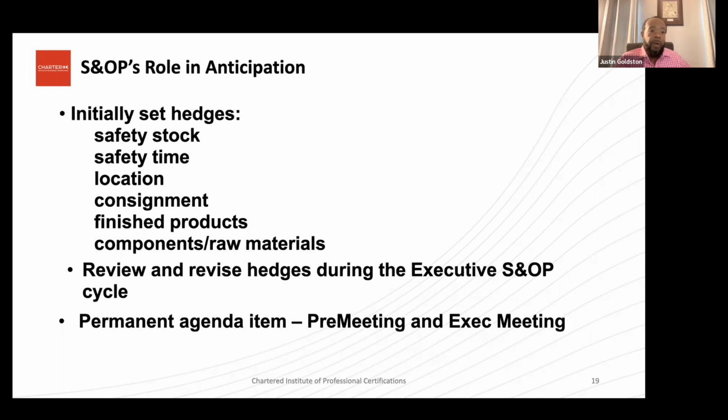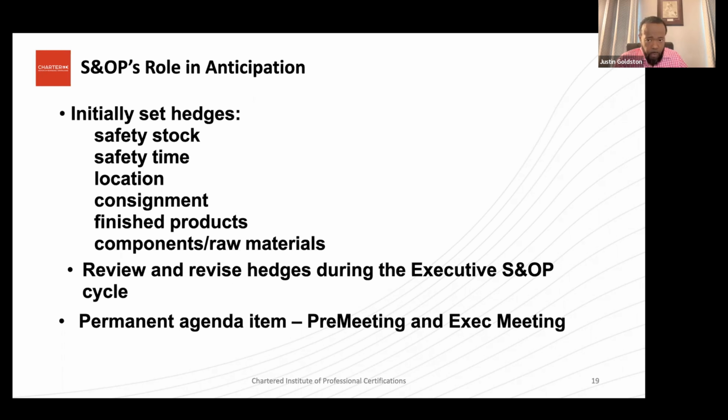So also location may be a little more difficult, but we could actually rent out space in certain parts of the country and certain parts of the world. We can also do consignment inventory. We can also do things such as postponement. Postponement's not on this list, but that is another consideration that could provide a hedge, as well as how we can strategically locate raw materials and sub-assemblies and finished products around the world by renting out space in other distribution centers or warehouses.